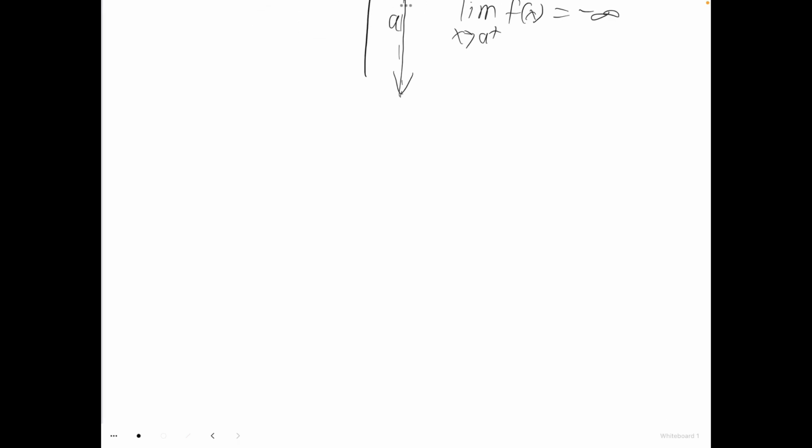Let's look at one example of checking for a vertical asymptote. We're going to have the function f of x equals x over x plus 3. One thing to be aware of is that vertical asymptotes can only happen at points that aren't in the domain of the function.